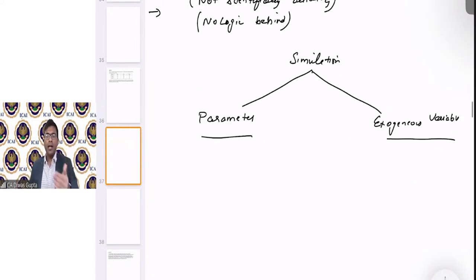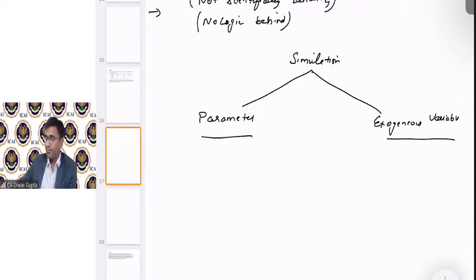Now I'm just trying to relate this to capital budgeting. In simulation, what does parameter mean? Parameters are certain variables which, by the choice of the person doing the simulation or the company for which the simulation is being provided, are considered to be fixed.